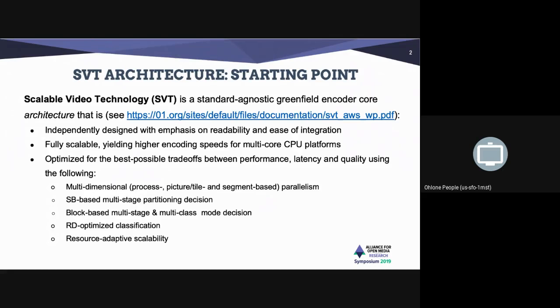Also, it's fully scalable and well optimized for the best possible trade-offs between performance, latency, and quality using multi-dimensional parallelism, super block-based multi-stage partitioning decision, block-based multi-stage and multi-class mode decision, as well as rate distortion optimized classification and resource adaptive scalability.